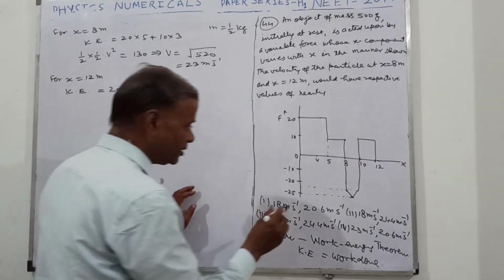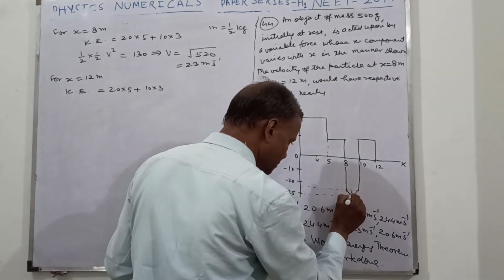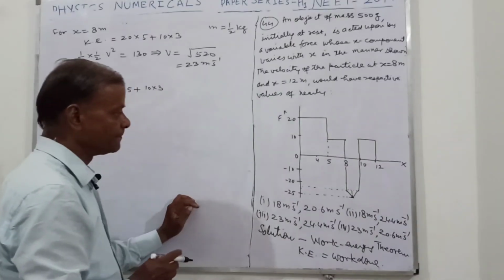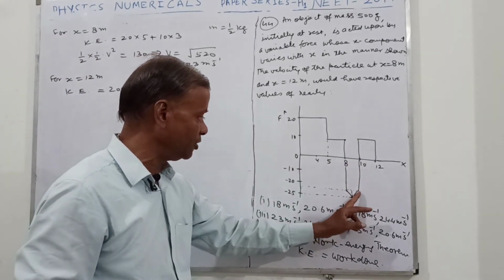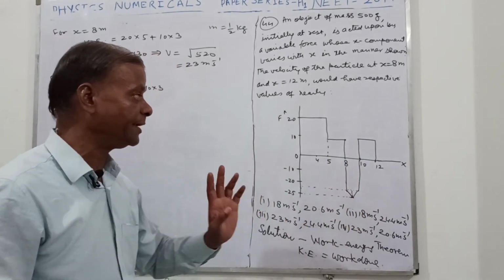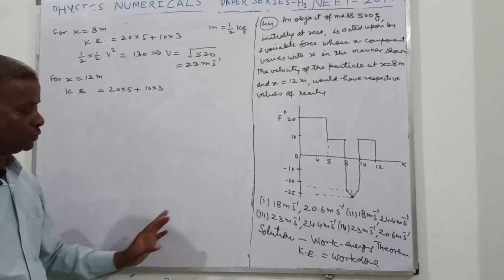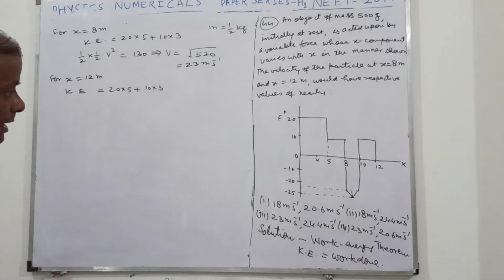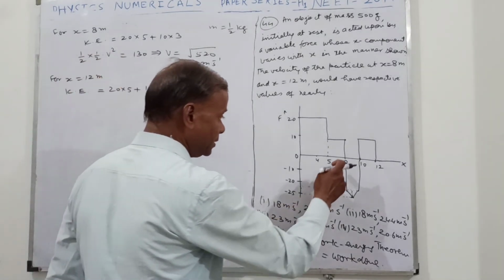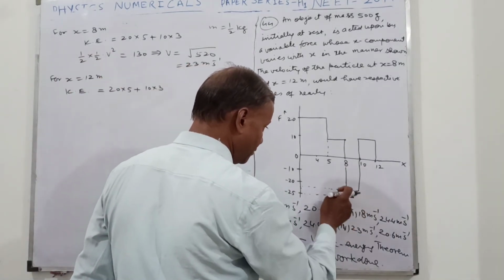If you find to this one, this is so much. So now we can divide this into two parts. So what we have, that the area of this so much plus area of this triangle, but this will be negative. So this is now 22.5. So either you do that, you find the area of this complete triangle.